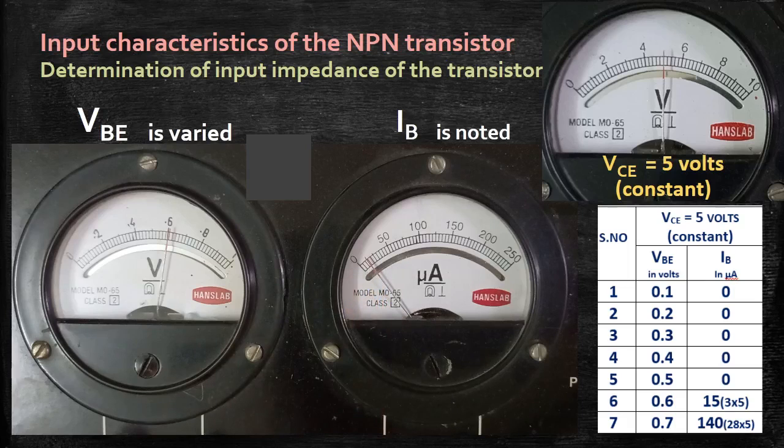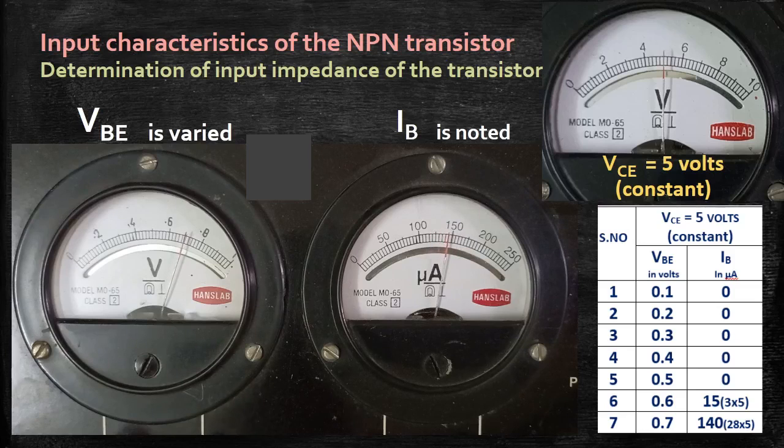Note down. Now the value of VBE is increased from 0.6 to 0.7. Note down. The very important thing is, without any parallax error we have to set the values.